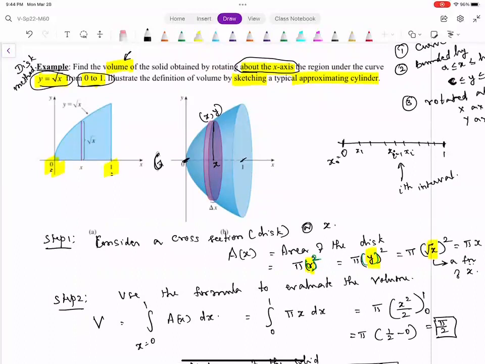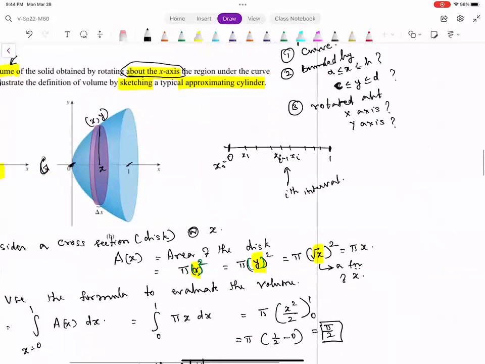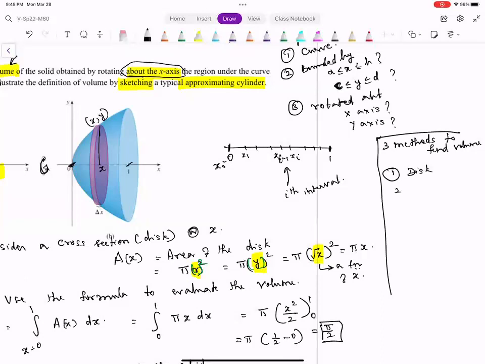So you're going to see 3 methods of finding volume. One is the disk method. The second one is the washer method.